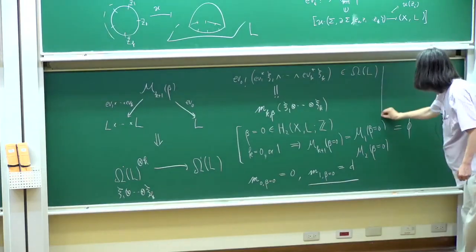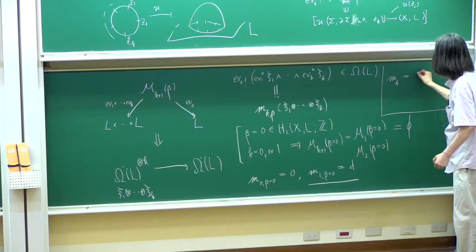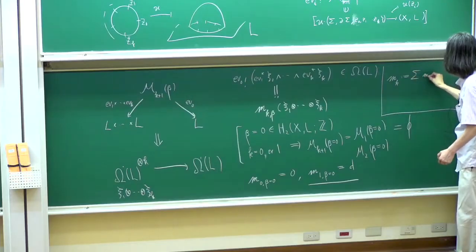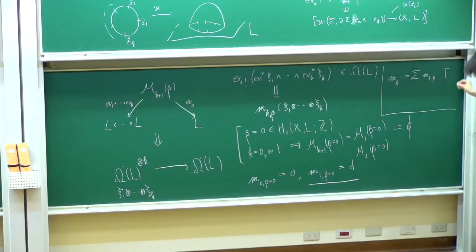And then finally, I put M_k as a sum of M_k,beta with t to the power area of beta, beta omega or something.